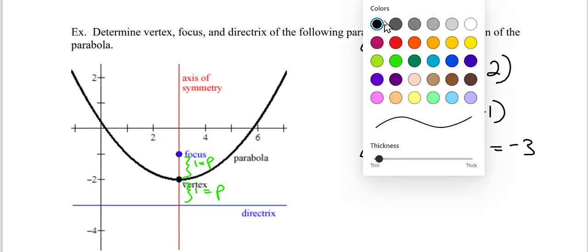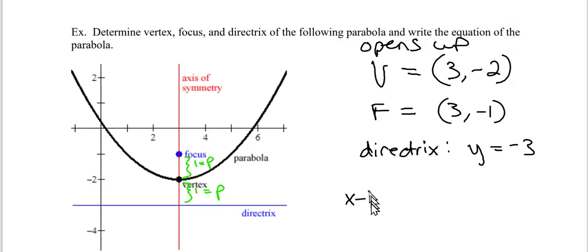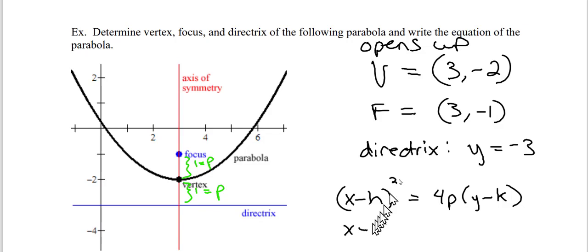If you go back up to looking at vertical parabolas, we use this equation, x minus h squared equals 4p times y minus k. We just need to plug in what we have here. H is 3. That comes directly from the vertex. P we said was 1. K is -2, so that'll be plus there.